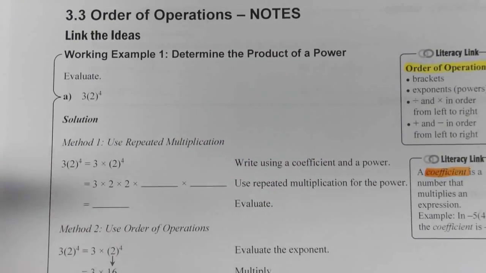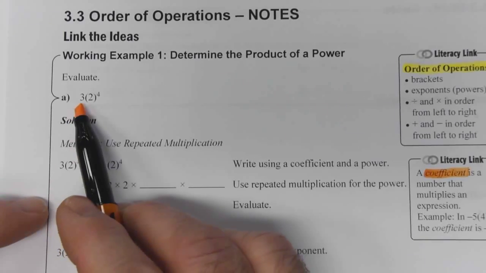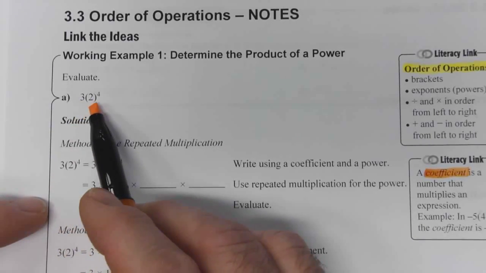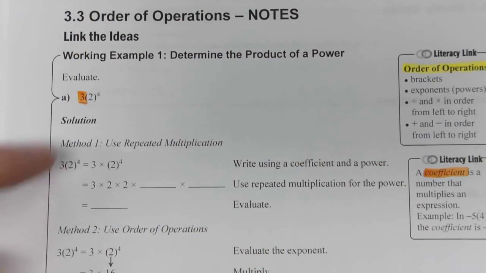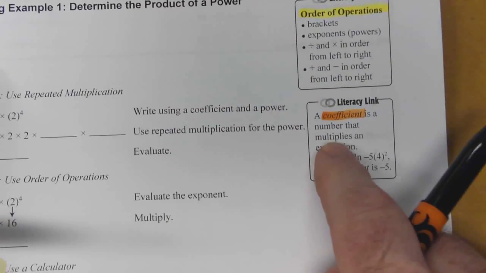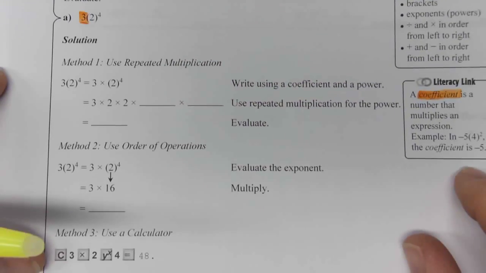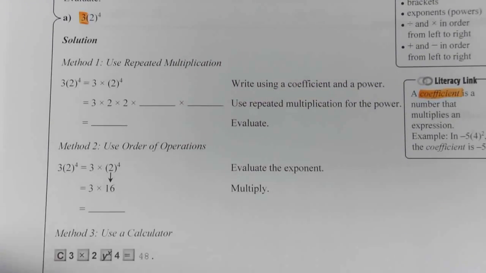So, working example number 1, determine the product of a power, evaluate. Well, if we look at this, this means it's 3 times 2 to the power of 4. And this 3 is your coefficient as indicated here. So method 1, use repeated multiplication. Well, we can certainly do that.